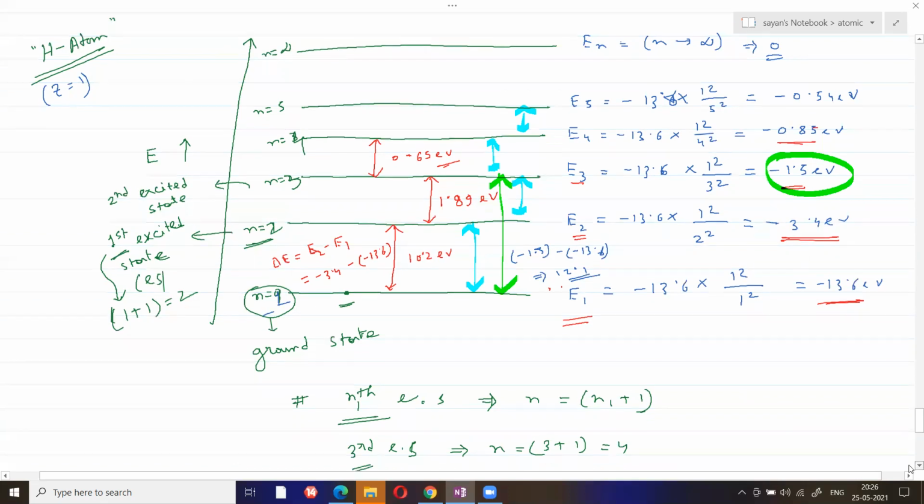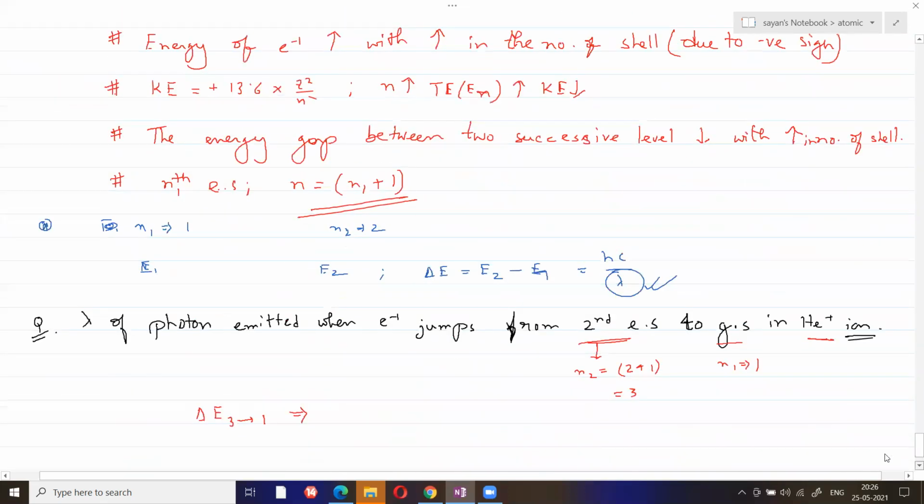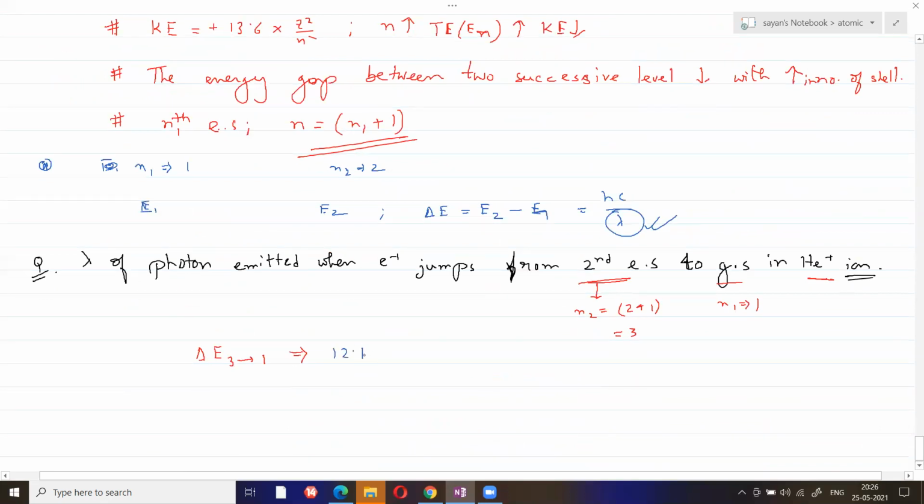Now just put the value: 12.1 electron volt, and due to the helium ion, Z square is involved. Z square for helium means 4. We get 48.4 electron volt.